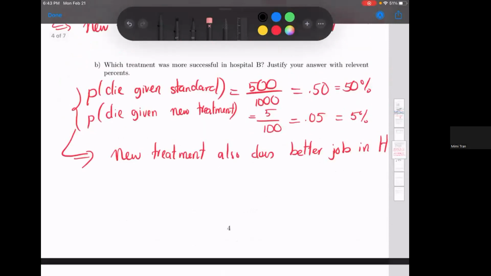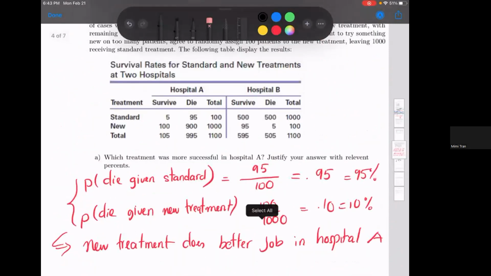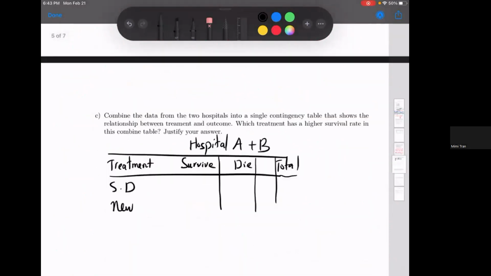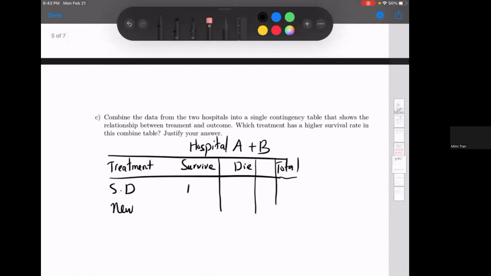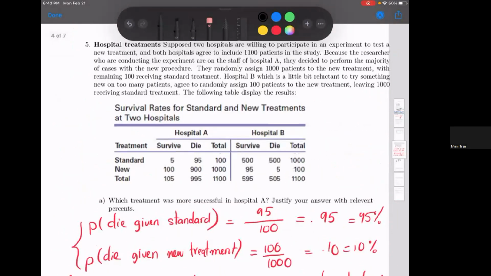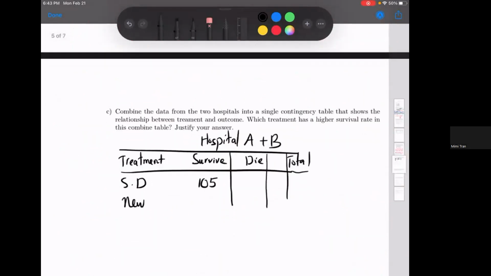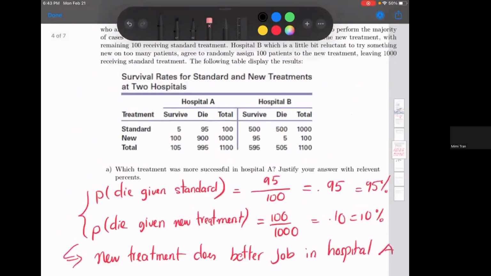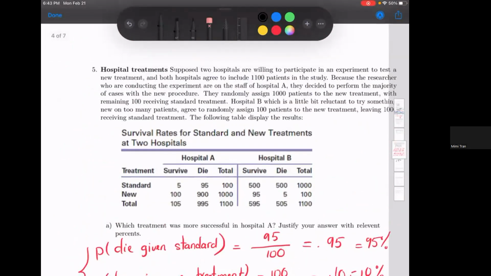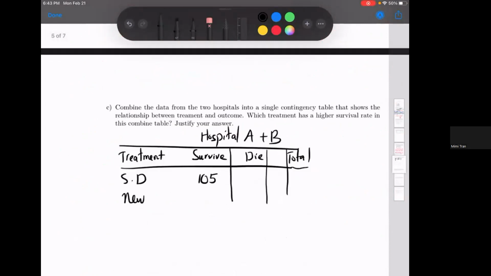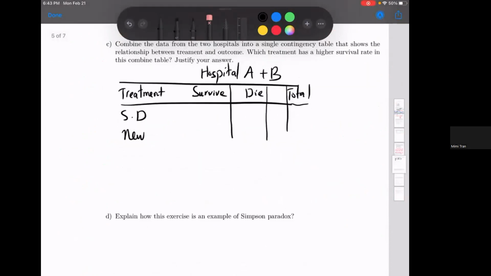Survive of the two, you add it together. Survive of the two is what? 105, right? Oh, my bad. Hang on. If survive for standard is 505. Add over, not add down. 505.